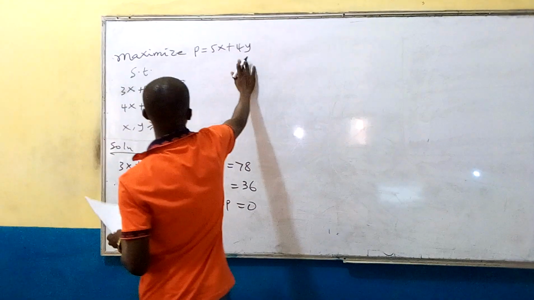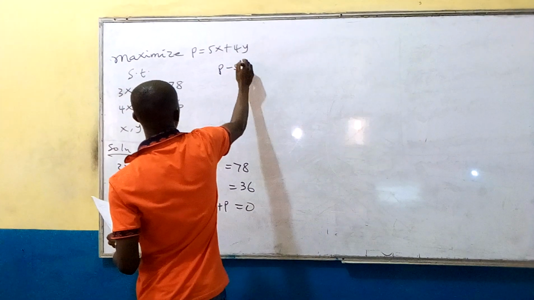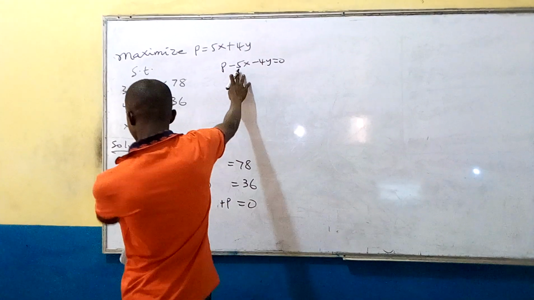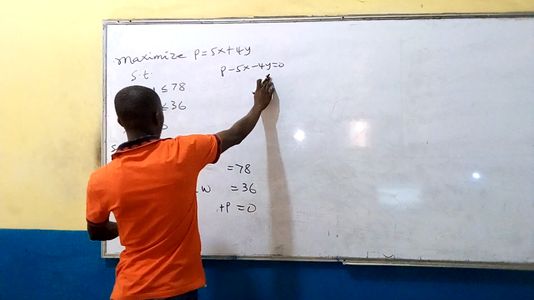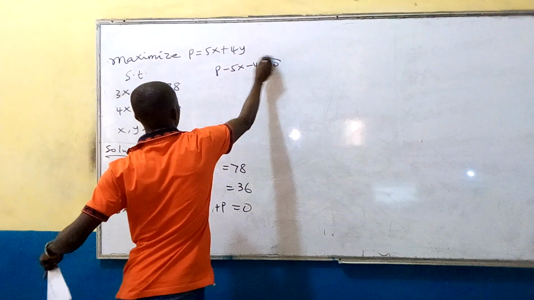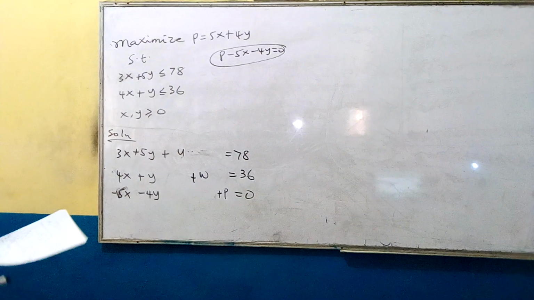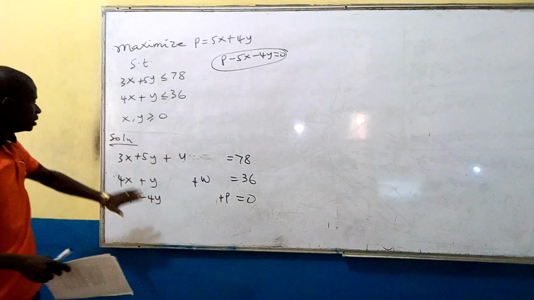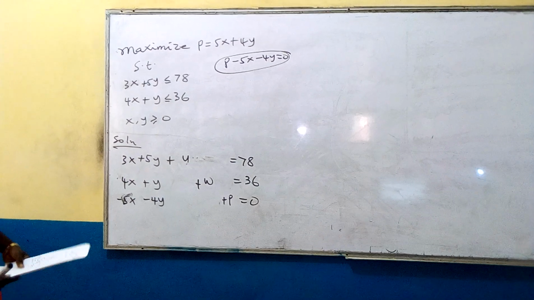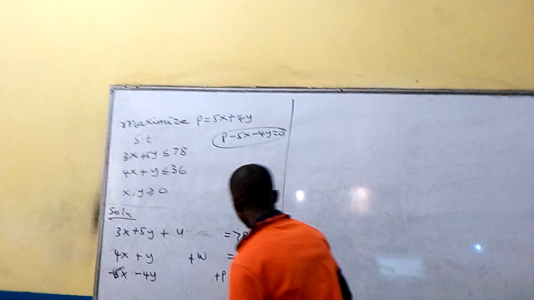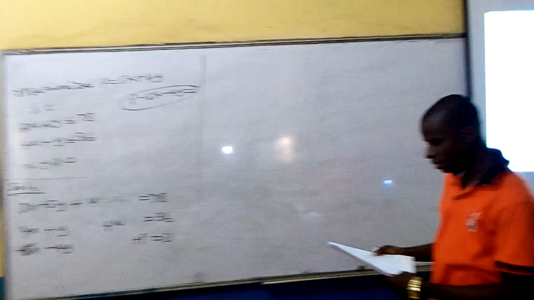And it can be seen here. So we have p minus 5x minus 4y equals 0. So that's the same thing. Negative 5x minus 4y plus p equals 0. So we've changed this problem into standard form like this. Then the next step is to create a tableau or the augmented matrix.